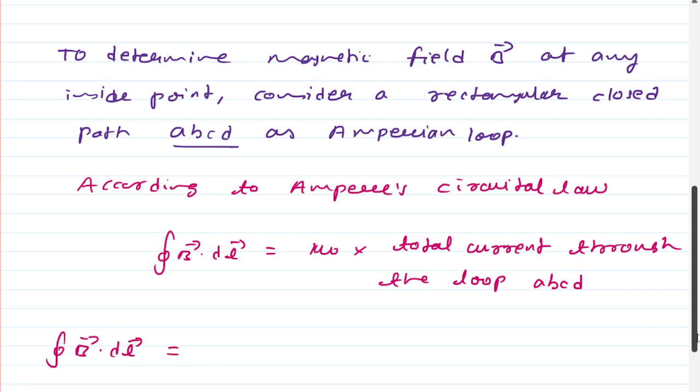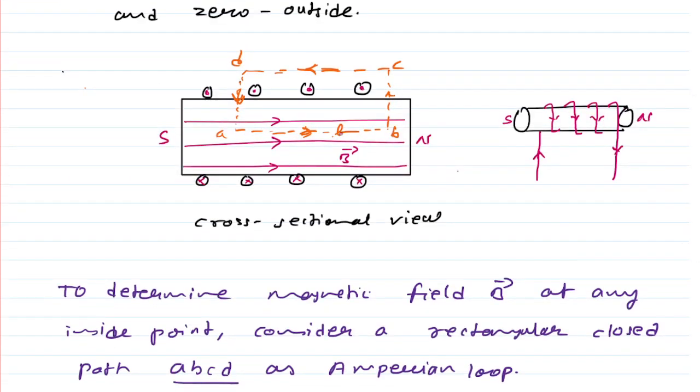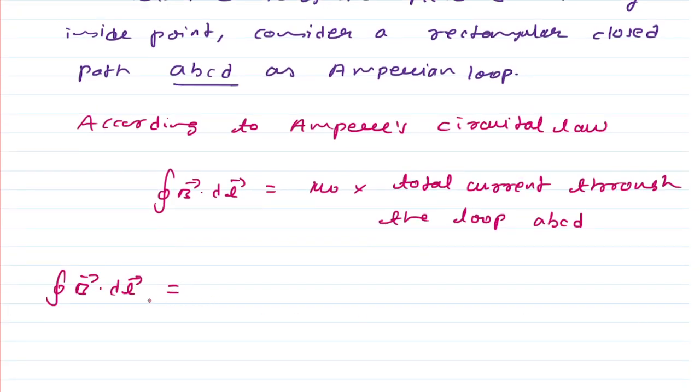This part is very important, B dot dl. Always remember, this loop has four parts: AB, BC, CD and DA. If you take B dot dl along the length AB, the dl vector will be pointing in this direction, and the B vector is also in the same direction, so theta will be 0 degrees here. One by one, the closed line integral will be the line integral of B dot dl from A to B, and here we don't write closed because it is an open line.